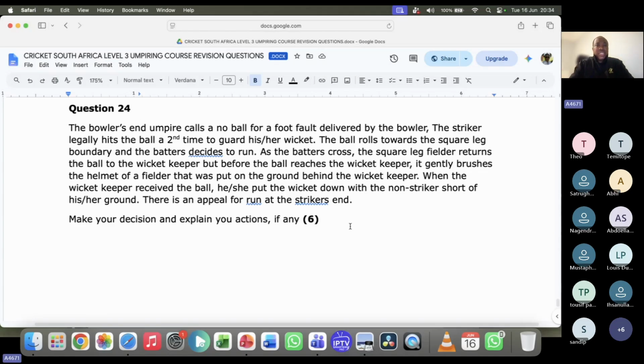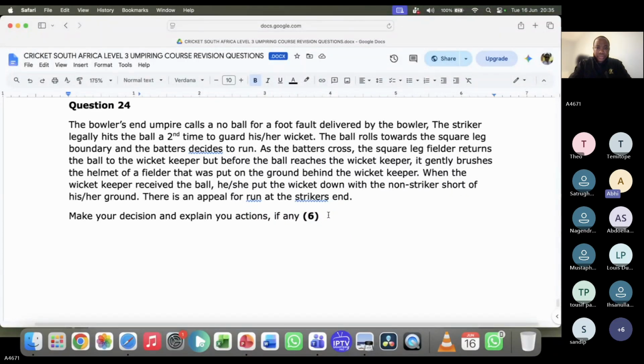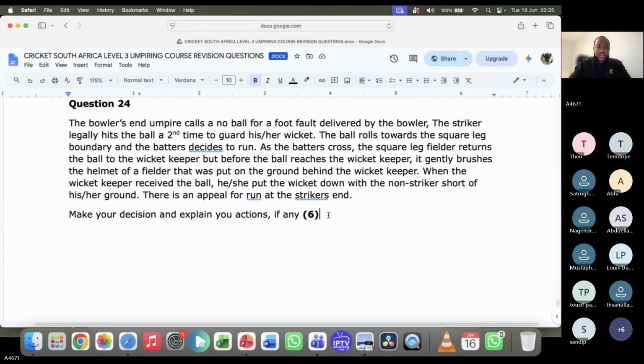100%. Abi, please explain to all the other candidates why we are not awarding 5 penalty runs for the ball hitting the helmet. So that's because they illegally ran for the run. So it cannot be a favor to the batting side there, right?